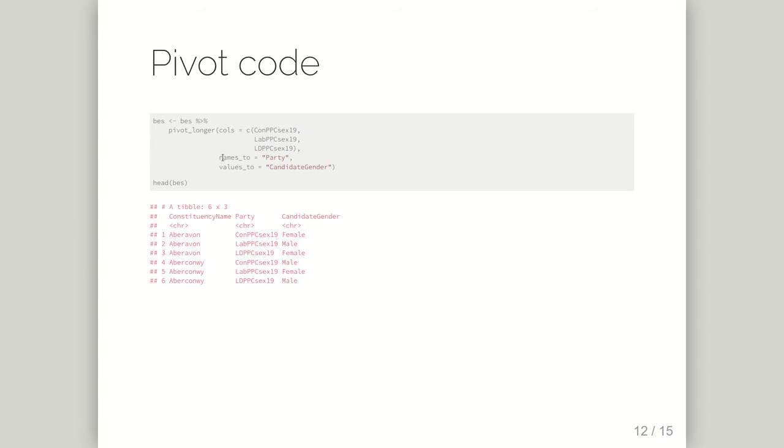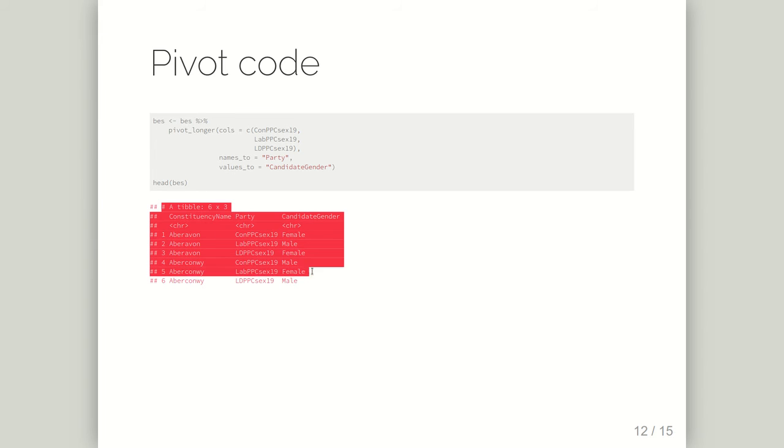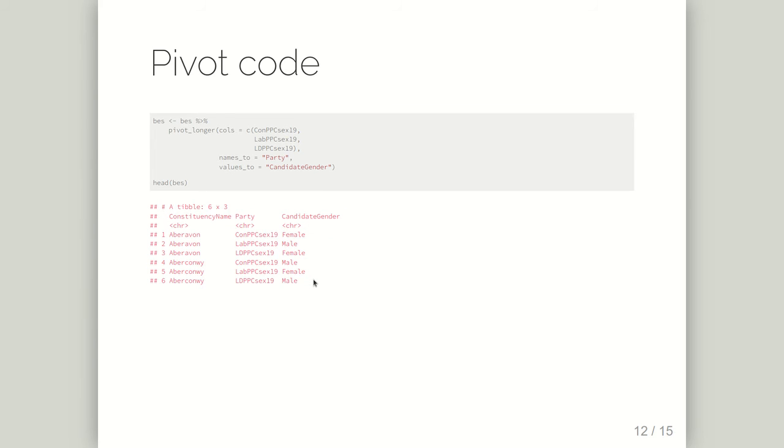And we want to store the names of those columns in a variable called party. And we want to record the values contained in those columns under a new variable called candidate gender. So I've given below the output of that command, what it looks like.